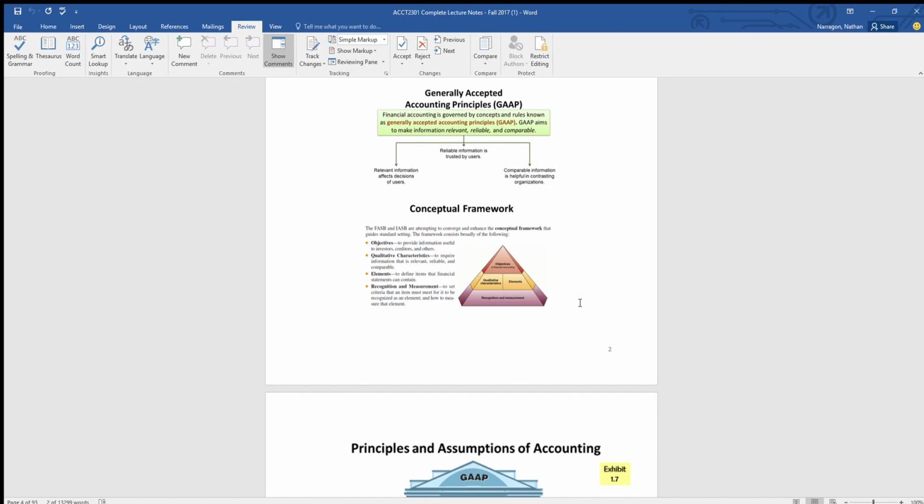Quantitative, basically, is it going to follow the three rules of GAAP? Is it going to be reliable, relevant, and comparable? And then objectives, we must provide information that's useful to who we were targeting. So if this GAAP rule is towards customers, it probably is going to have something dealing with how the sale goes, how to report this.